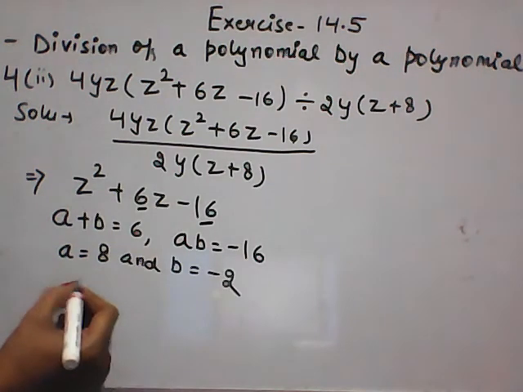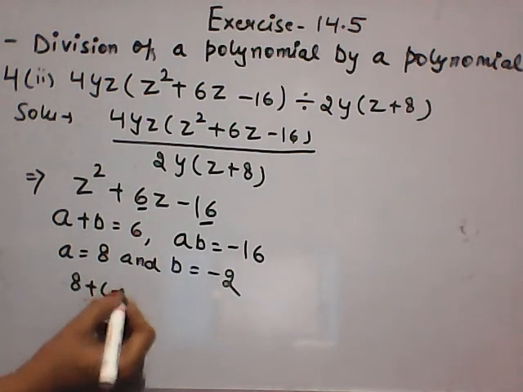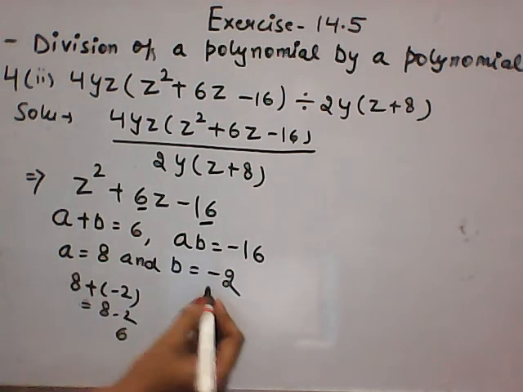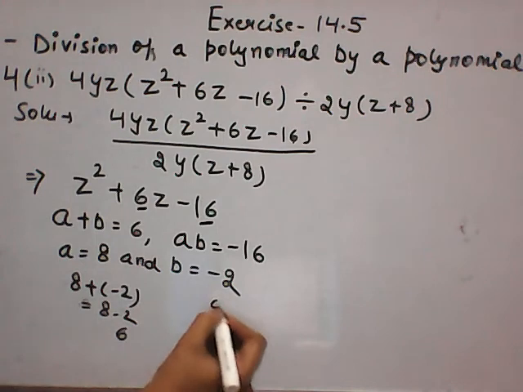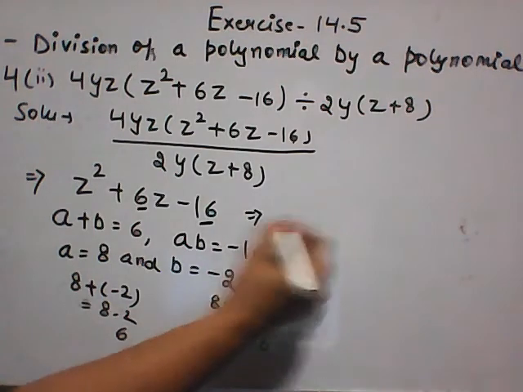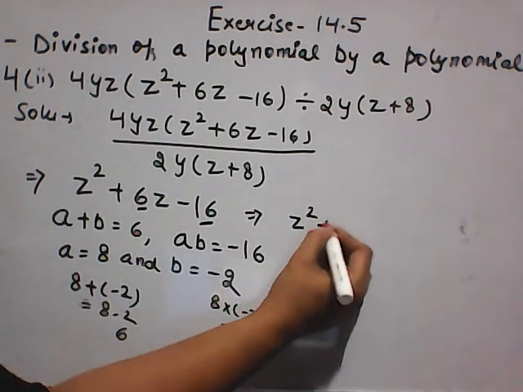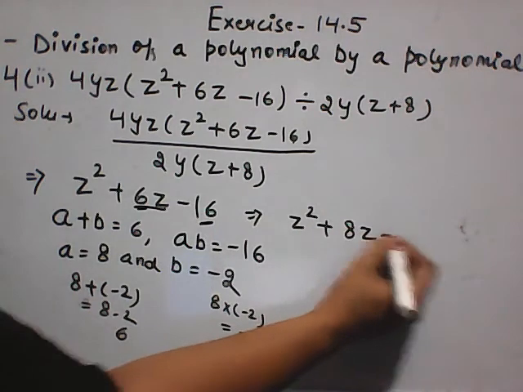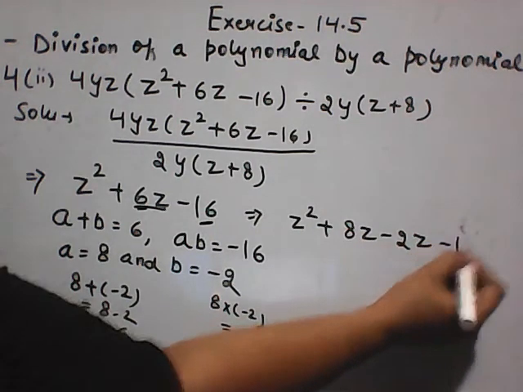So a plus b is 8 plus minus 2, which is 8 minus 2 equal to 6. If we multiply these two constants, 8 multiplied by minus 2, it is minus 16. So z square plus 6z can be written as z square plus 8z minus 2z minus 16.